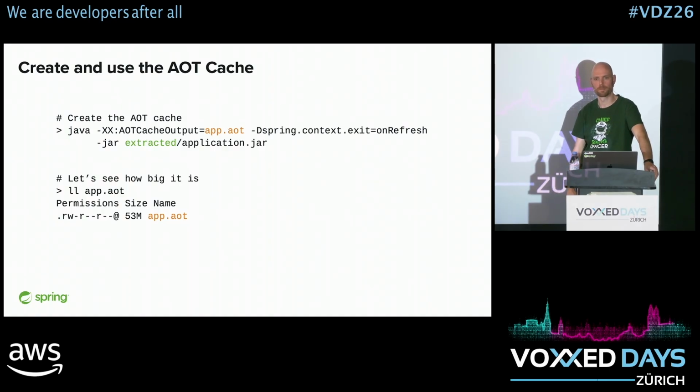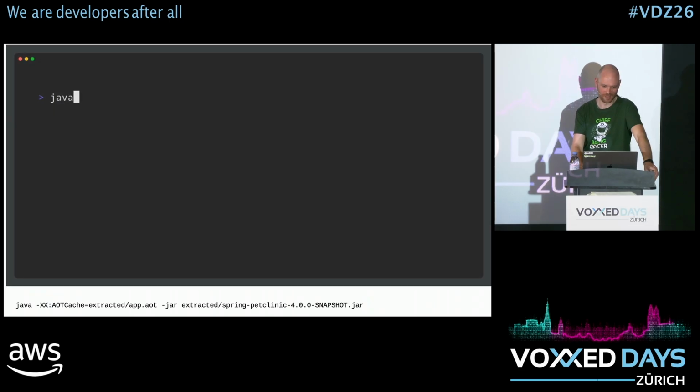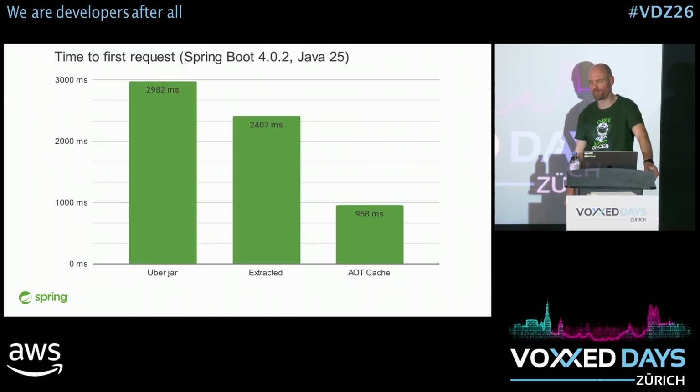Yes. So the question is, do the numbers hold up in production. The problem is, I only write frameworks and not production apps. The problem with benchmarks is that benchmarking is really, really hard.